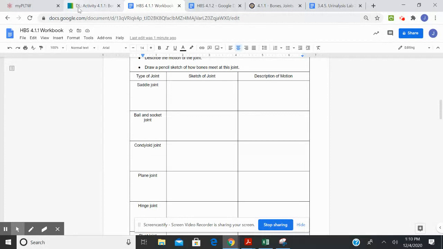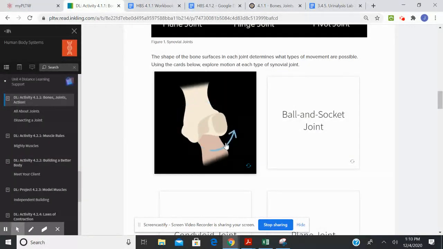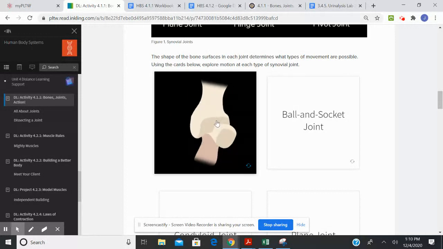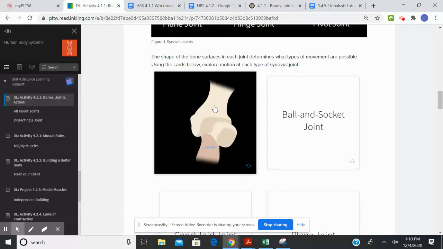So if I were doing this and I saw the saddle joint, I would make the drawing and you would say that the two bones can move in one direction perpendicular to each other. All right, they can move forward and backward on one plane but perpendicular to each other.